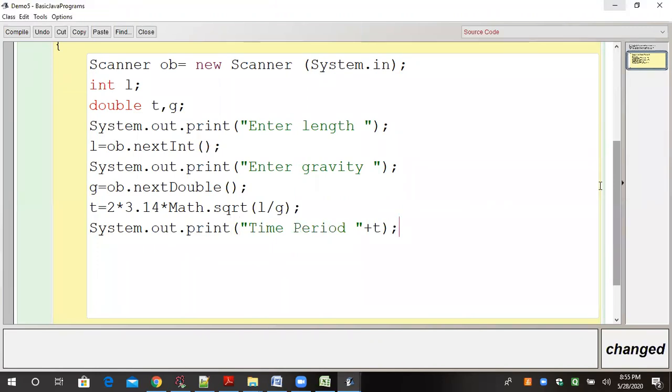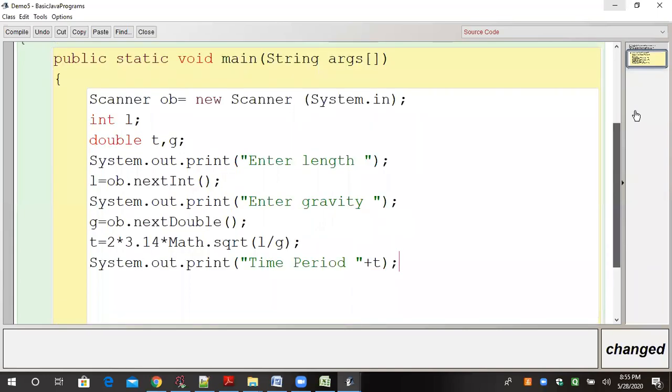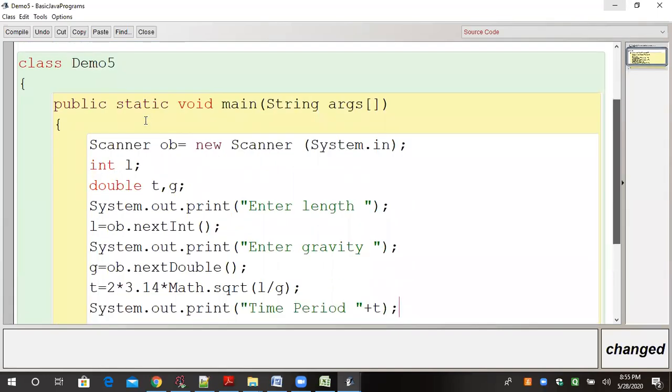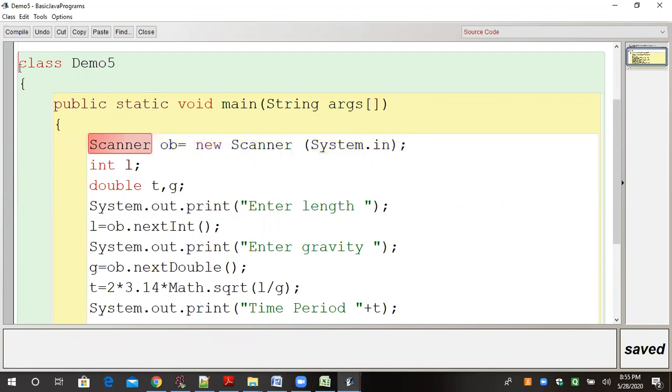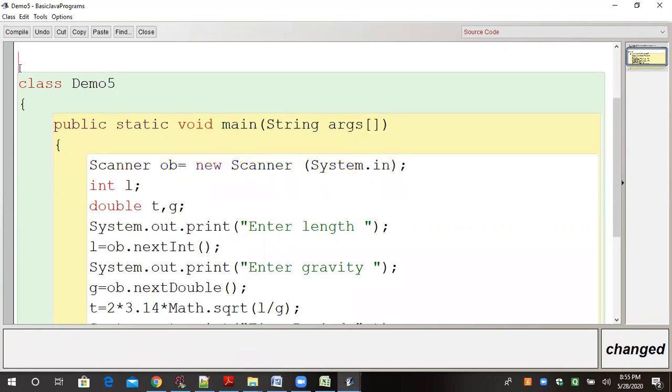Okay, just a moment. Let me compile this code and you have to tell whether there is any error or not. Oh, what is the error? How to resolve this error? import java.util.Scanner. Scanner class comes under java.util, so without importing that package, you cannot touch the Scanner class.